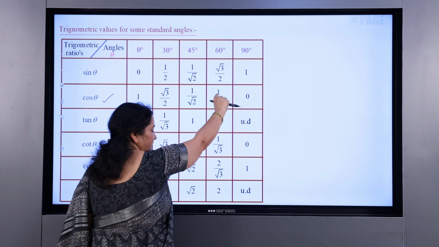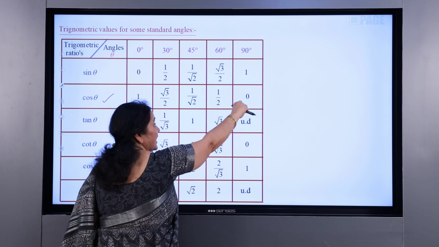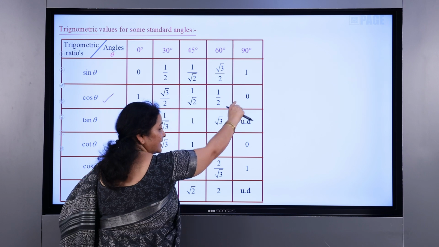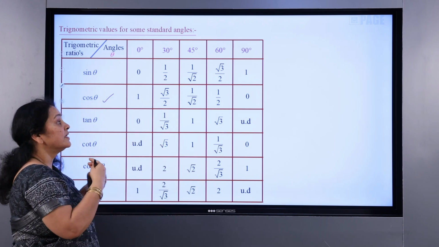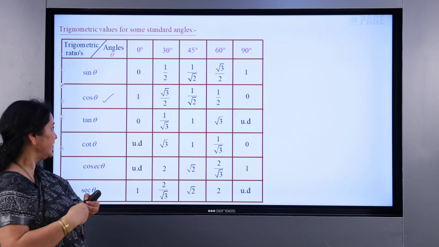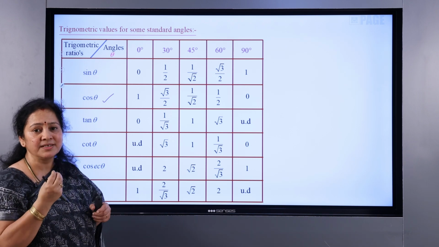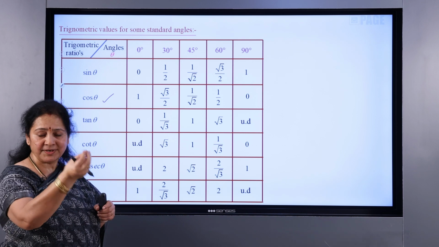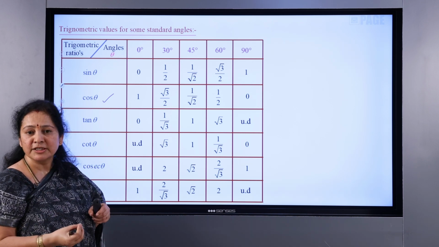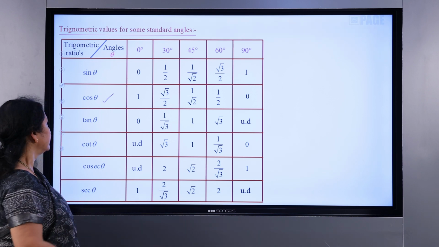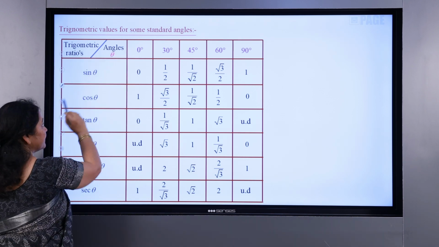Secant 60 degrees, reciprocal of half, that is 2. And secant 90 degrees, again pay attention to this. Secant 90 is going to be 1 upon 0, that is nothing but undefined. The moment you see a 0 in the denominator, a finite number divided by 0, we say it is undefined. So these are going to be the trigonometric ratios.